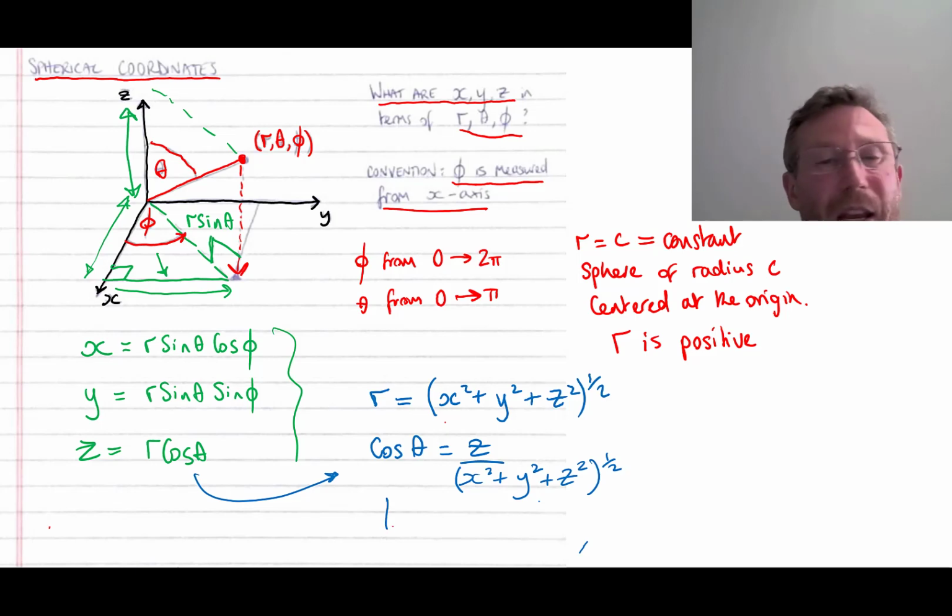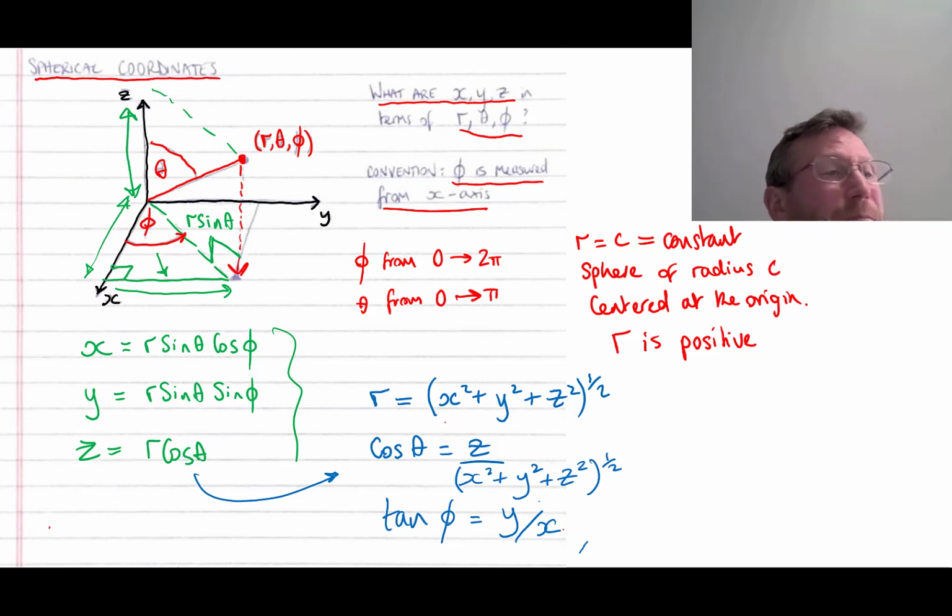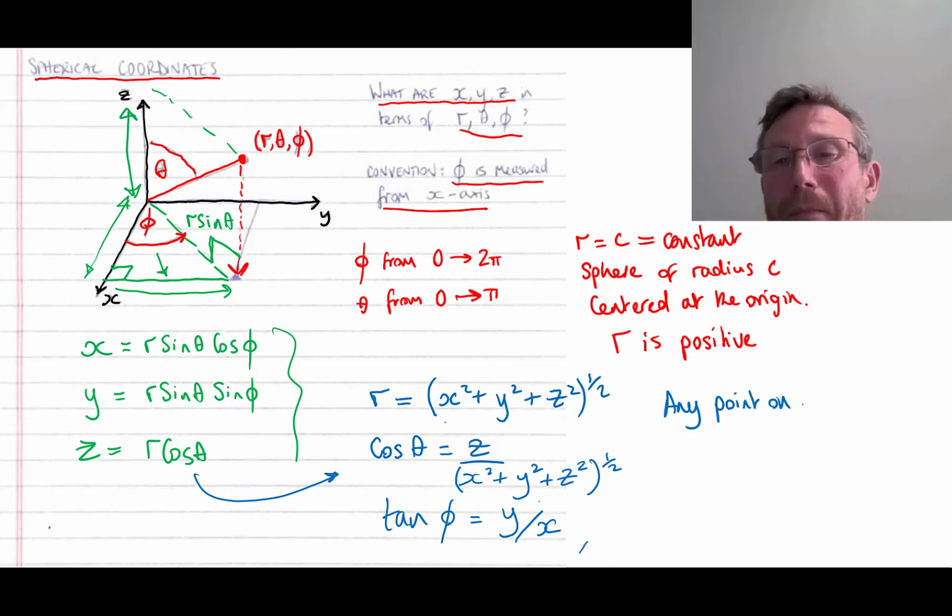Another key point in here is that tan of phi is equal to y over x. So lastly, I'm also going to state to you that any point on the surface of the sphere can be specified by theta and phi.